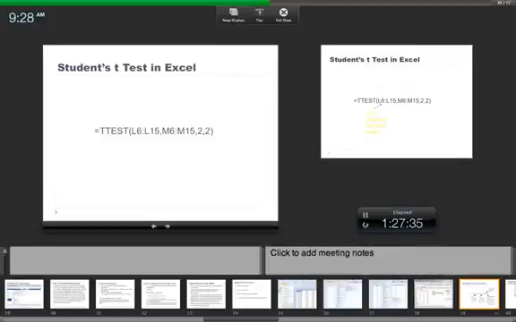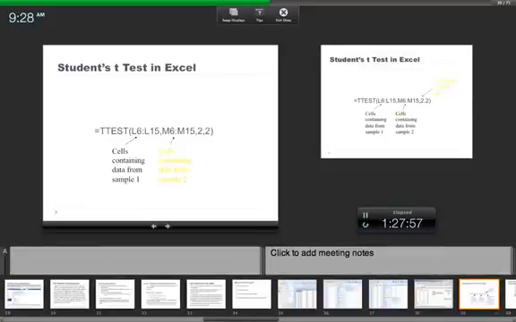The Student t-test command in Excel is the T.TEST, parenthesis, and then you describe the data ranges. These are the cells containing the data from sample 1.